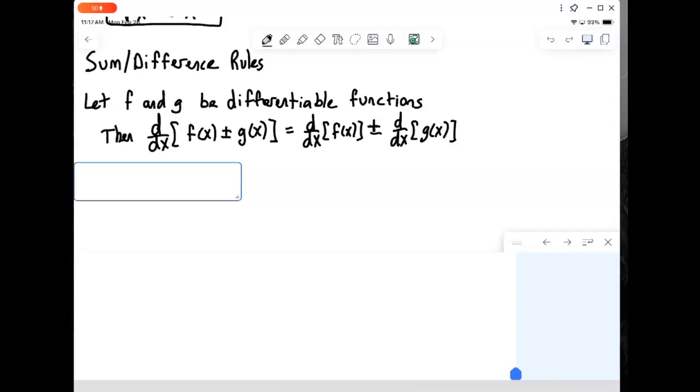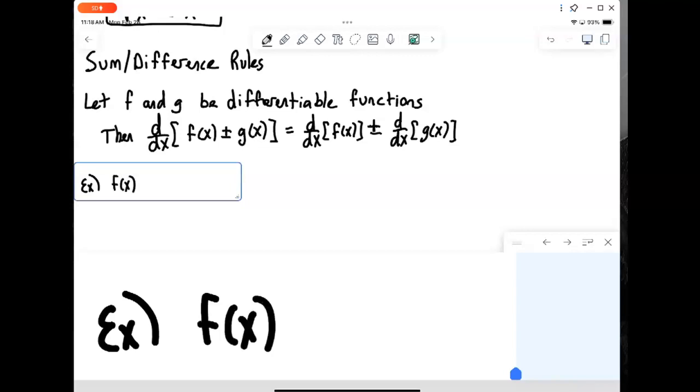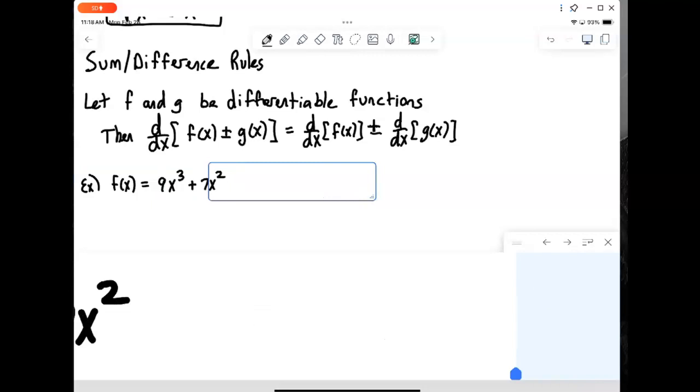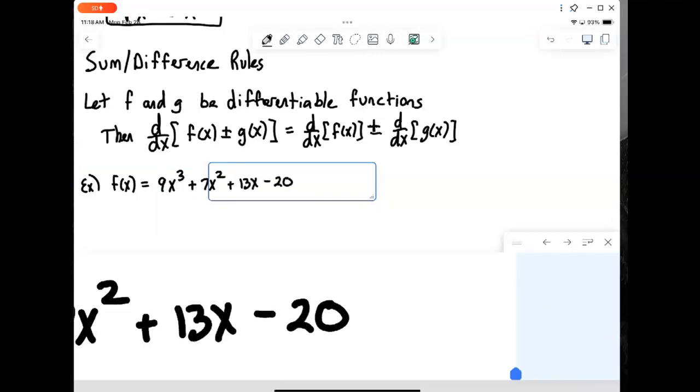So for example, we had a function like f of x equals 9x cubed plus 7x squared plus 13x minus 20.